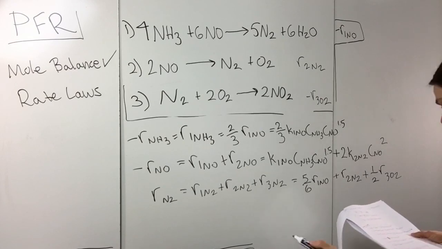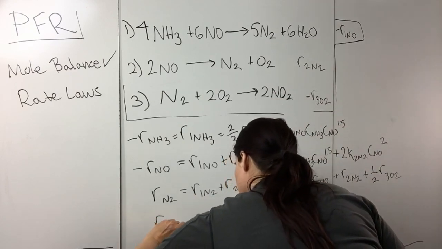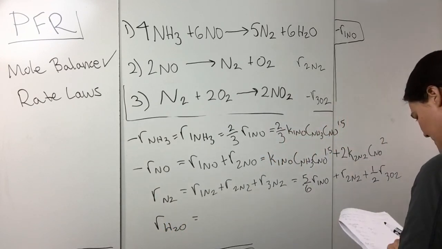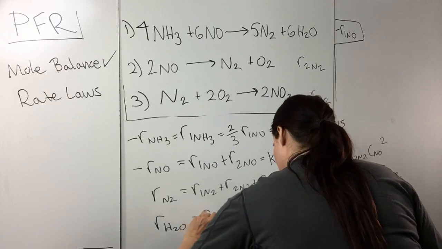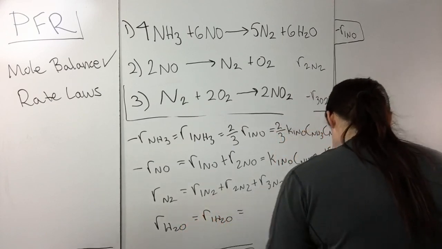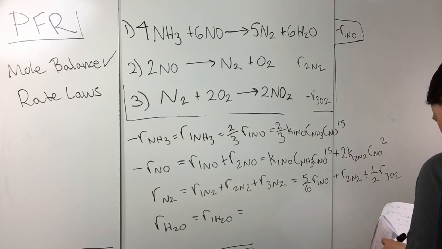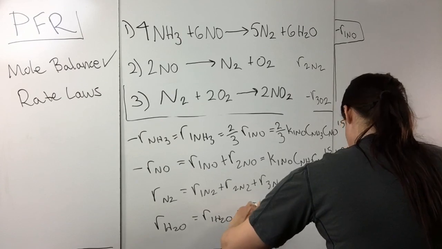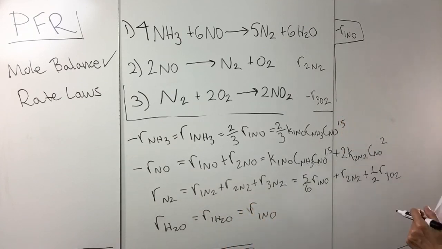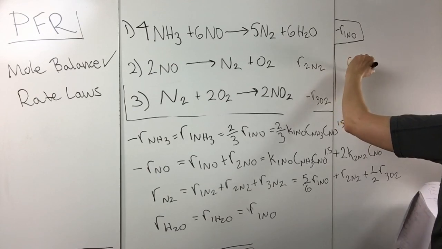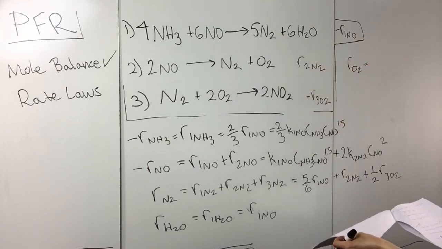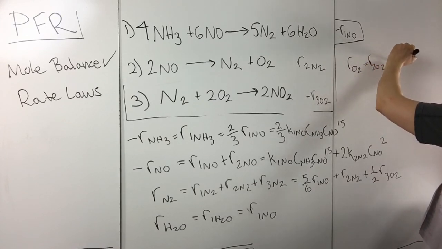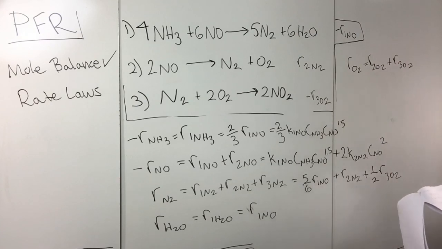And same thing for R_H2O, which was R1_H2O, which was R1_NO. And then we had R_O2 equal to R2_O2 plus R3_O2.